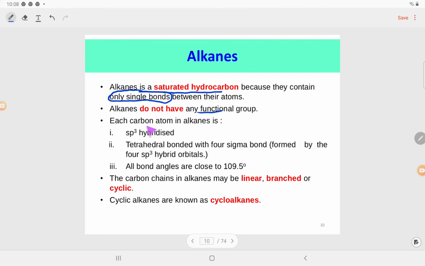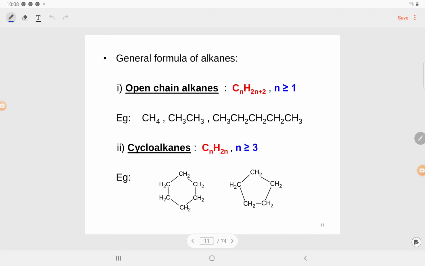According to the hybridization, mainly covalent bonding, carbon has 4 bonding pairs. So the type of hybridization must be sp3, the shape must be tetrahedral, and the angle is 109.5 degrees. We classify this as an open chain because carbon 1 is not connected with the final carbon, so this is in the form of an open chain. But cycloalkane must have carbon 1 connected with the final carbon here. So this is the cycloalkane.